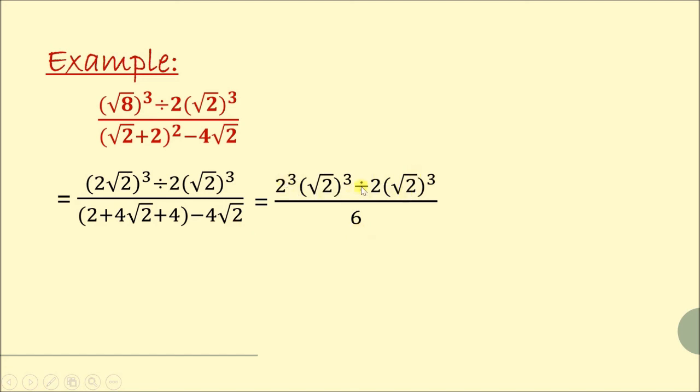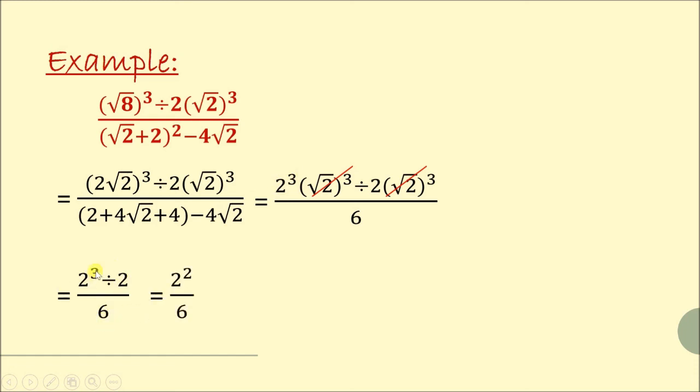Here in the numerator I had division, so this one to the power 3, this one to the power 3, I can say square root of 2 to the power 3 minus 3, which is 0. Then the square roots can cancel, and 2 to the power 3 divided by 2 over 6.